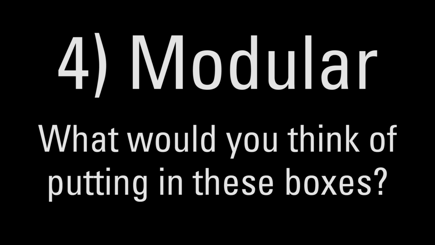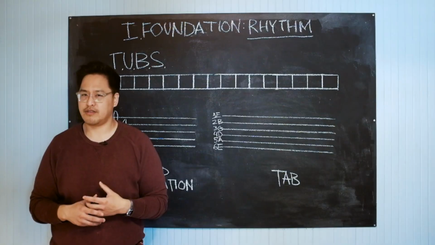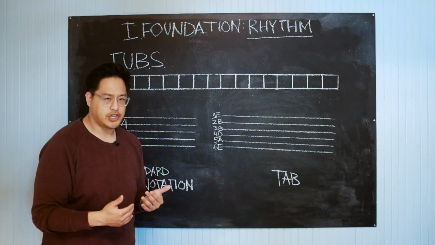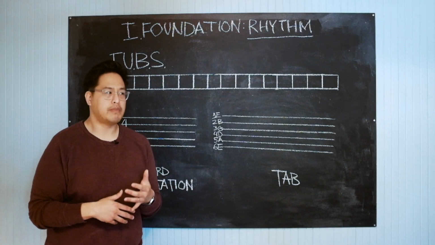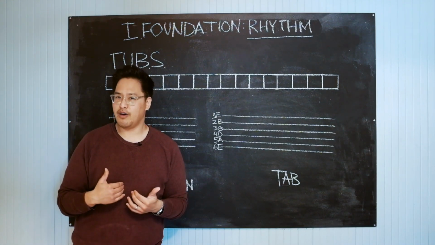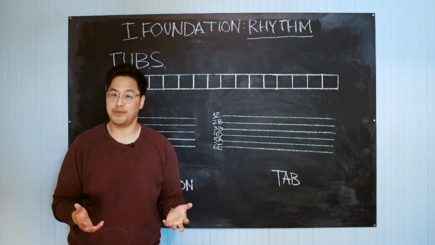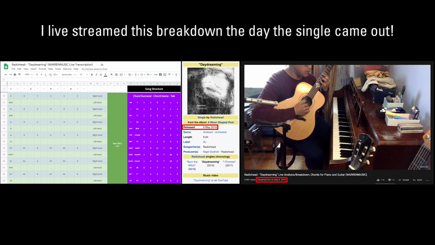I call this upgraded version of TUBS the WARRENMUSIC Grid. It's not only the basis for the format I use for my chord charts for students or my note-for-note transcriptions for clients, but it's how I teach myself all of the new Radiohead songs quicker than everyone else on YouTube.